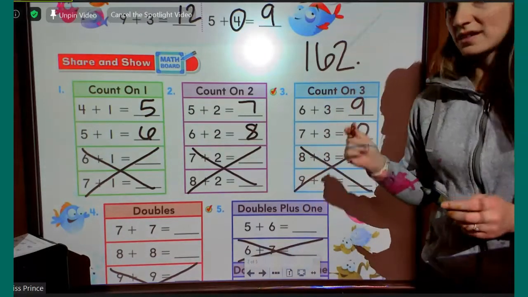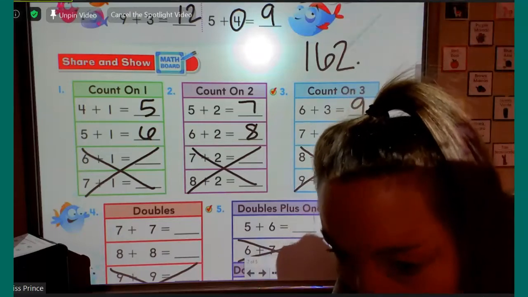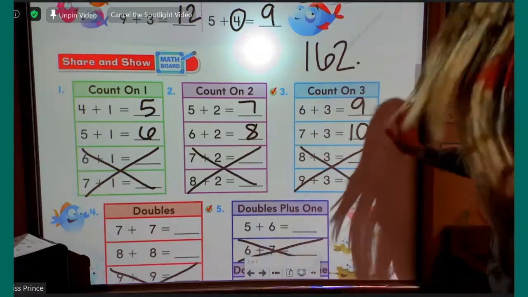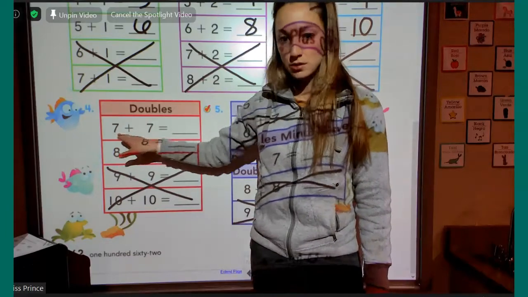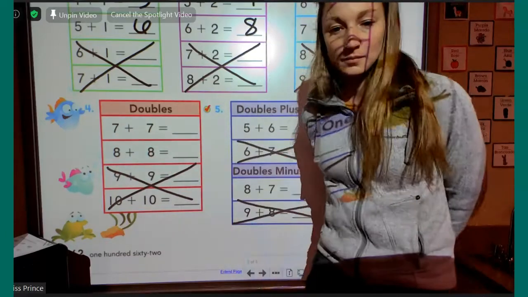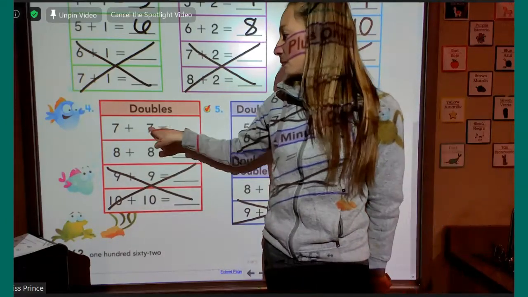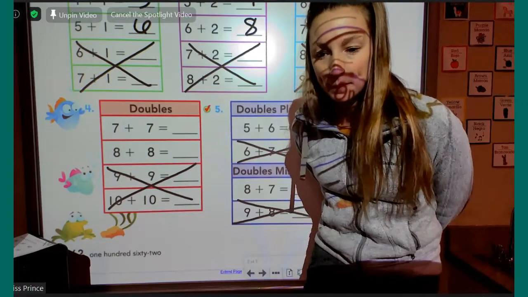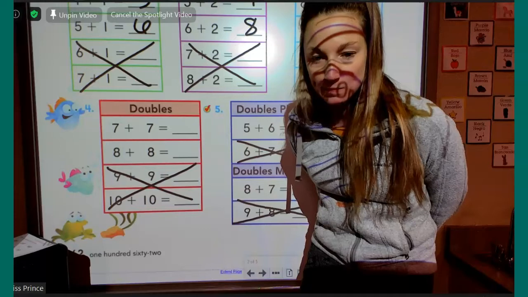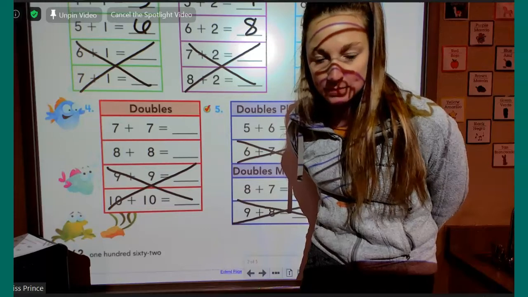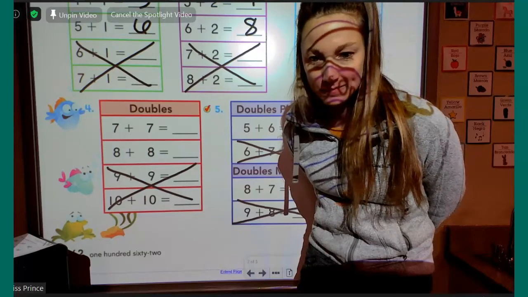Super fast, super fast. All right, I'm seeing if Liam's ready. And Jose. Jose, your hand is raised. Yes, I'm so happy you're ready. Jose, you get this double right here. Do you remember the doubles? Yeah. Okay, so you get 7 plus 7. 1, 2, 14. 14.